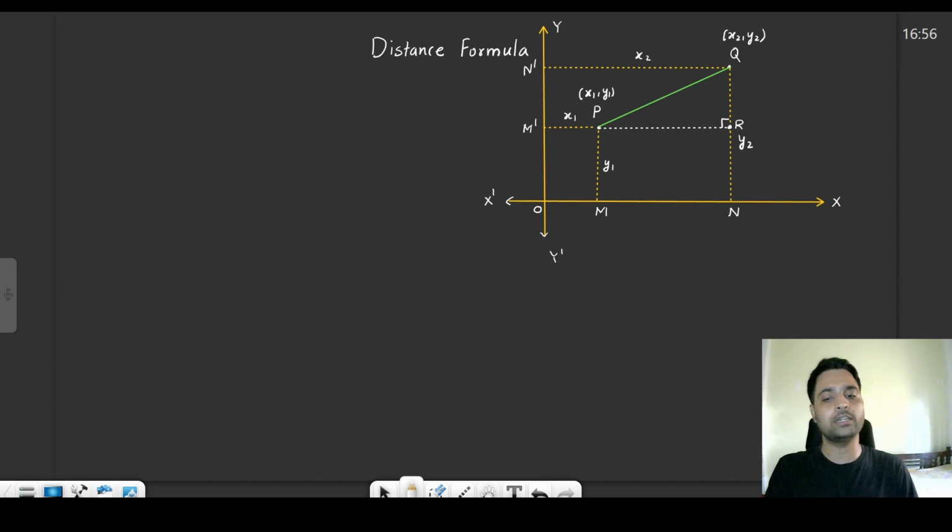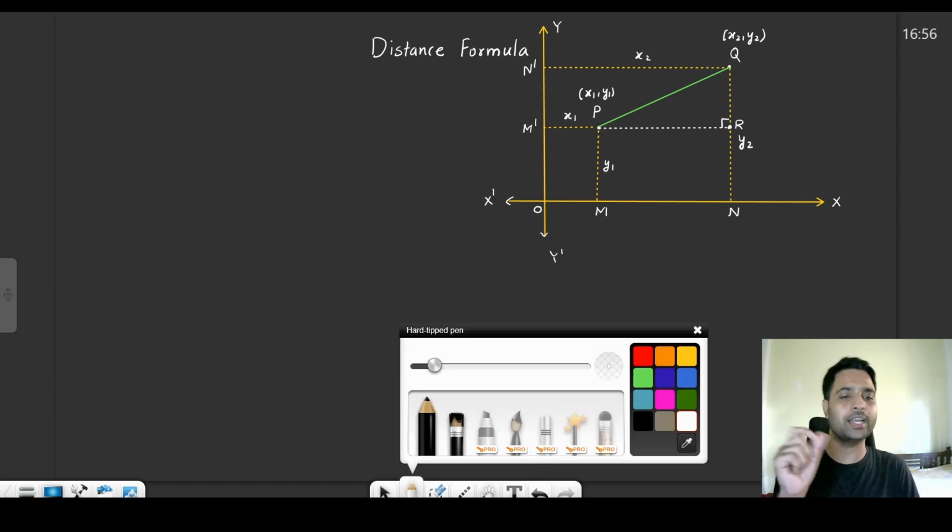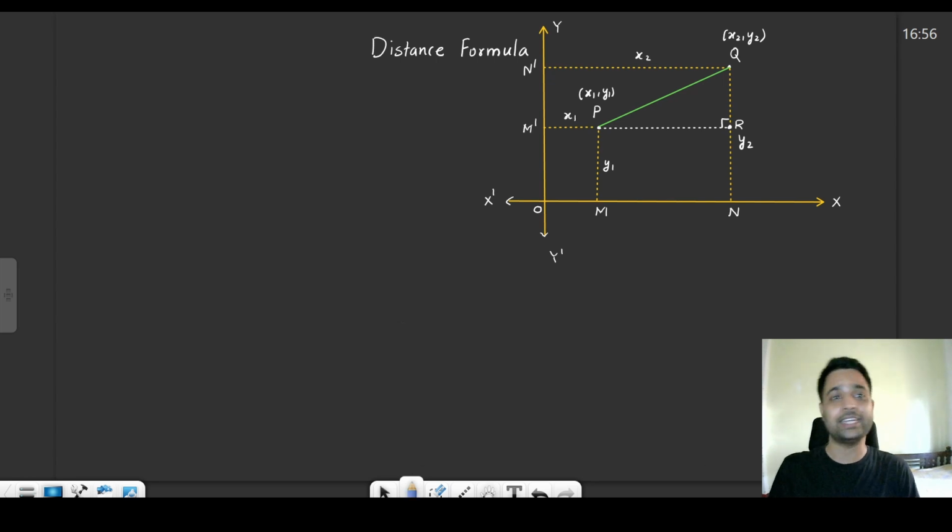We have already studied something special about this triangle. If you remember, it is the Pythagoras theorem. According to the Pythagoras theorem, the square of the hypotenuse, which is PQ here, is equal to the sum of the squares of the other two sides, that is PR square plus QR square.